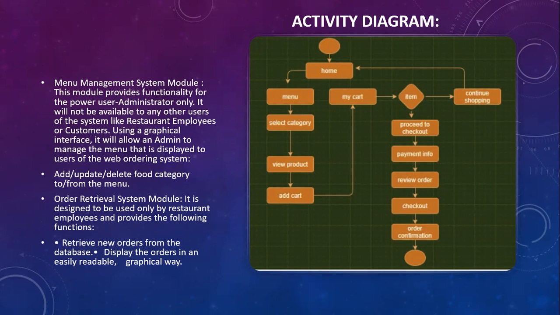And the order retrieval system model is majorly used by customers, by the customer side, so that these employees can actually order up and clearly show what the customer needs or wants to order.